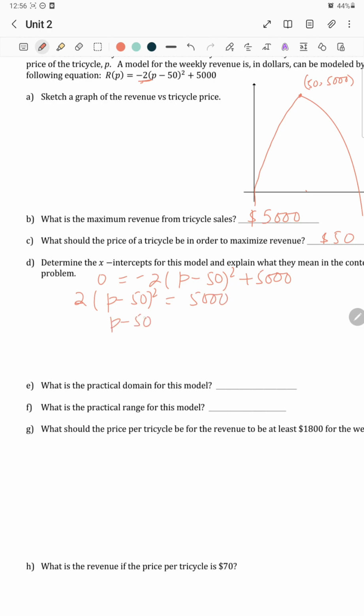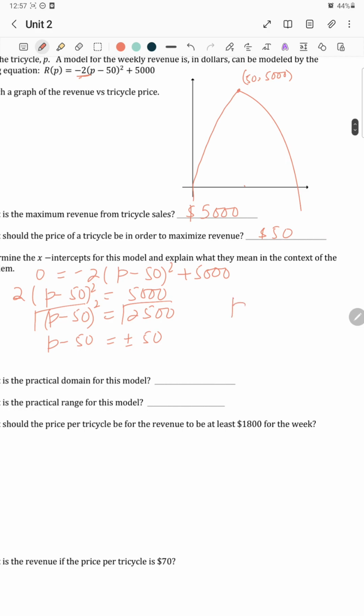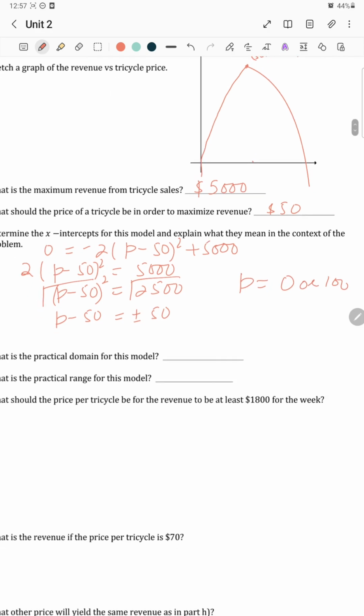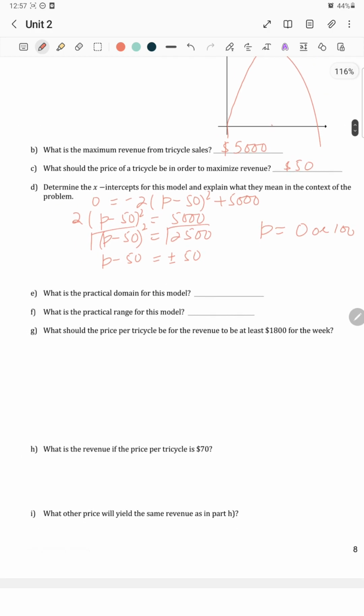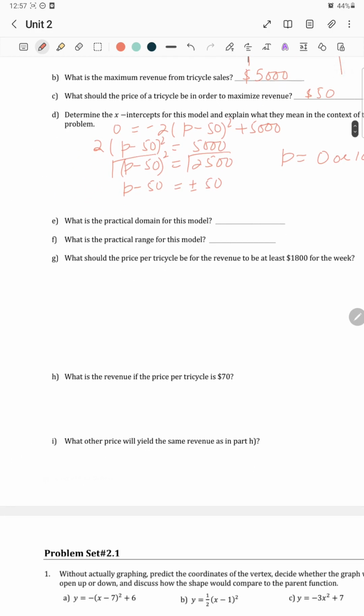(P minus 50) whole square is equal to 2500. P minus 50 is equal to plus or minus 50. So P will be equal to either 0 or 100. The revenue will be $0 if the tricycle costs $0 or $100.